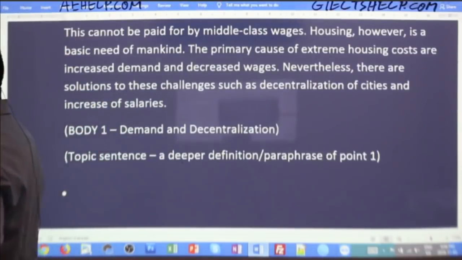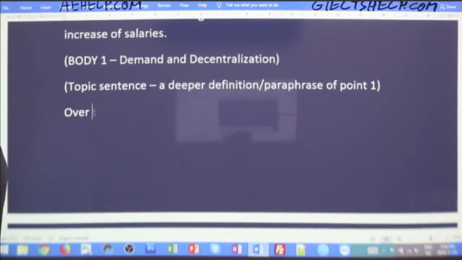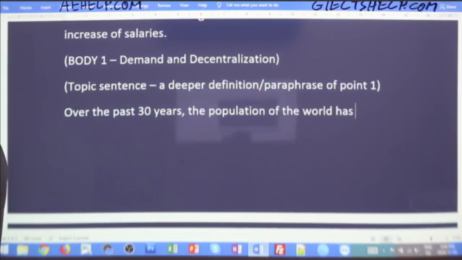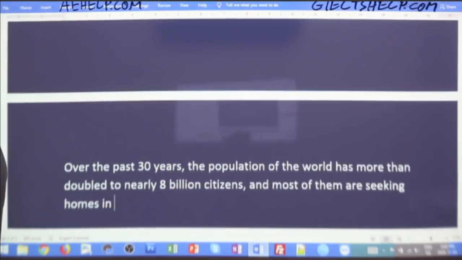So in the past generation, or over the past 50 years, you can write 30 years, the population of the world has more than doubled to nearly 8 billion citizens, and most of them are seeking homes in cities.